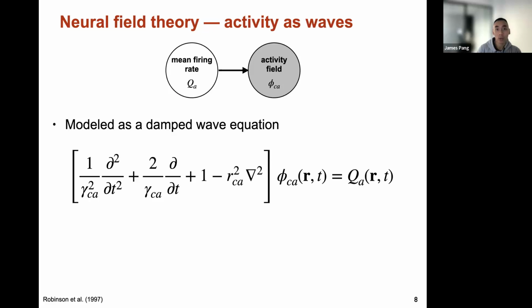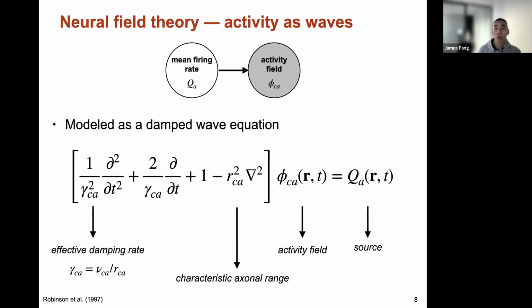More importantly, neural field theory approximates macroscale activity as waves that propagate following this damped wave equation, wherein you have the firing rate of a certain population affecting the emerging activity of another population via a damping-like activity.